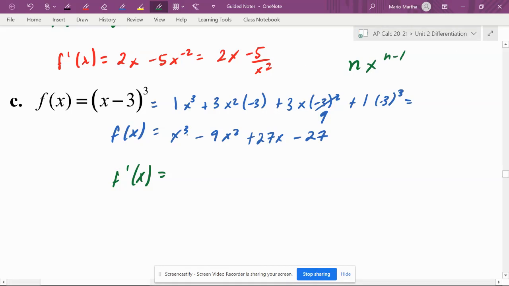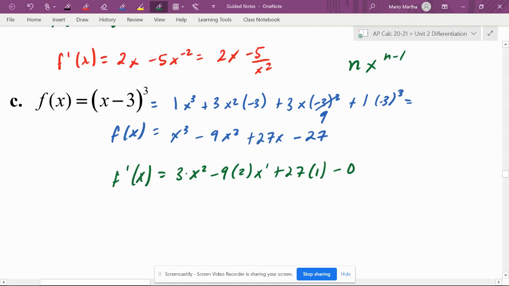So n is 3, so that gives us 3 times x to the second power, and then negative 9 times 2, which is our n, times x to the first power, and then again there's a constant here, 27, so plus 27. The derivative of x is always 1, and then minus the derivative of a constant, which is 0.